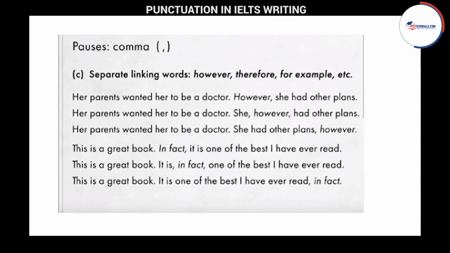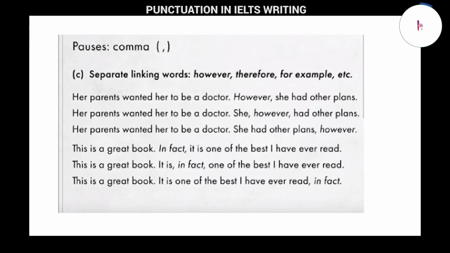The second is: her parents wanted her to be a doctor. She, however, had other plans. You can see I have shifted 'however' to the next part, after the pronoun in the first part, and I have put two commas.